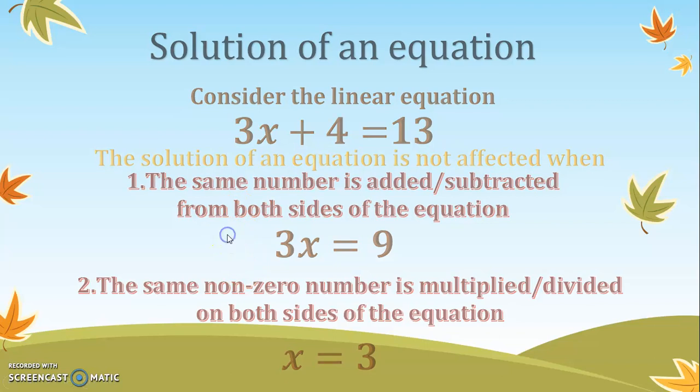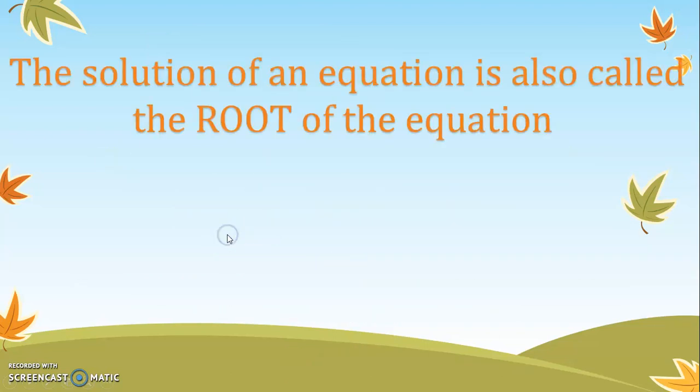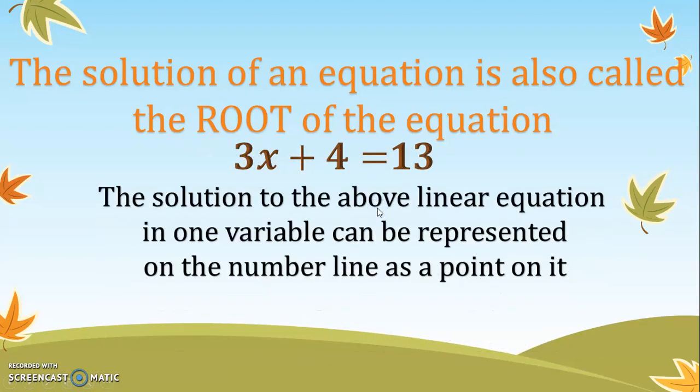Okay, so moving ahead, the solution of an equation is also called the root of the equation. So for the equation 3x plus 4 equals 13, x is equal to 3 is a root of the equation.